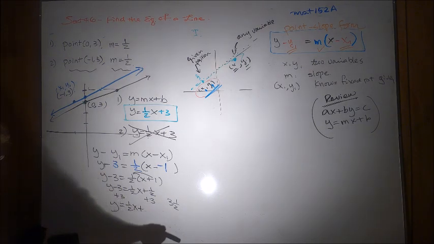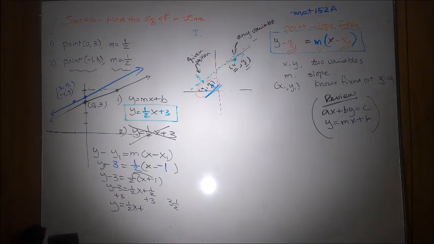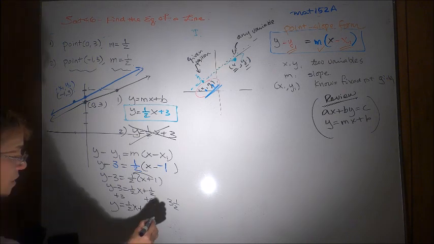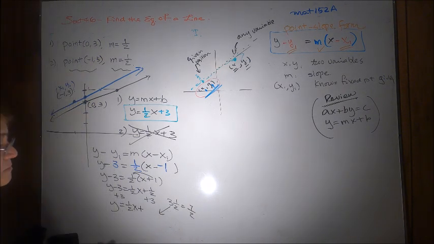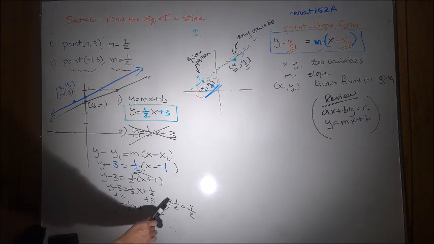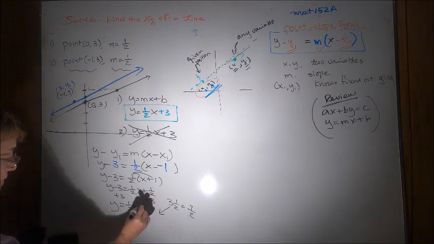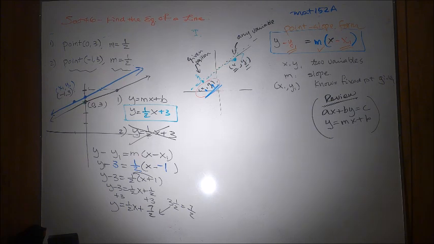But we don't write the mixed number. It looks like multiplication. Usually we prefer to write it as an improper fraction. 3 times 2 plus 1, 7, 7/2. Right? So that's one of the answers. If you write it in standard form, that means what?